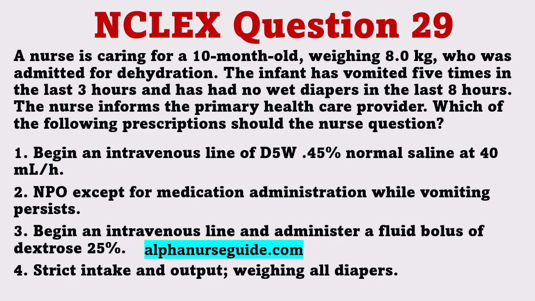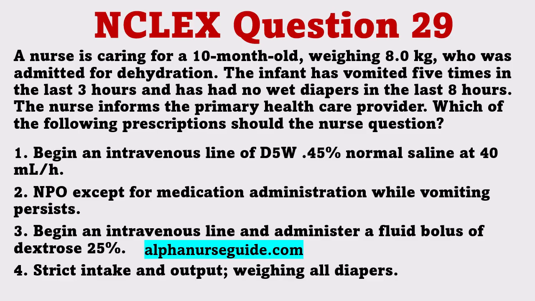Begin an intravenous line of D5W 0.45% normal saline at 40 milliliters per hour. 2. NPO except for medication administration while vomiting persists. 3. Begin an intravenous line and administer a fluid bolus of dextrose 25%. 4. Strict intake and output, weighing all diapers.